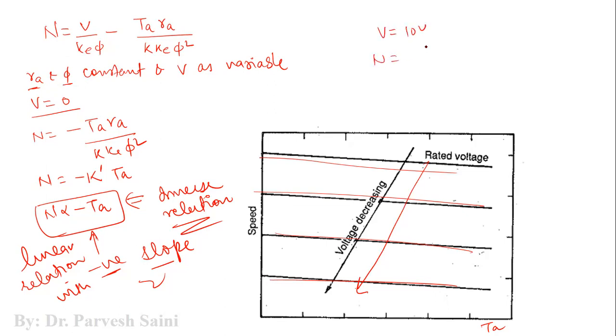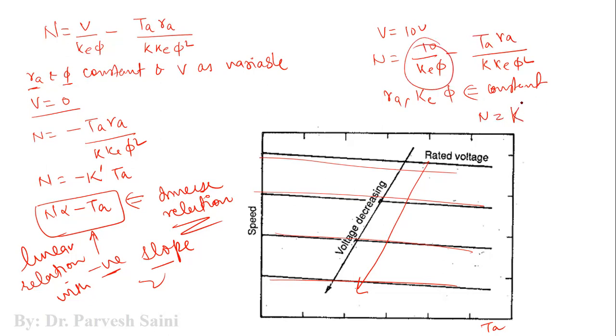So we have N is equal to 10 by K E phi minus Ta Ra divided by K E phi square. Now Ra, K E and phi are constant, so the first term is also constant. This is some K double dash, for example, minus K dash Ta.